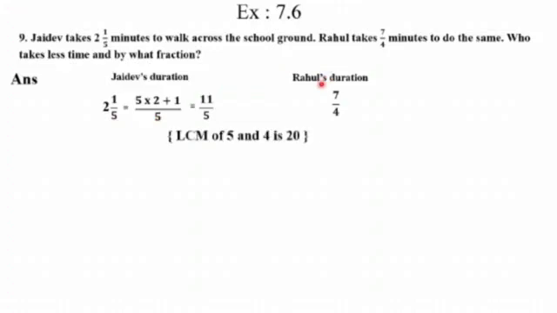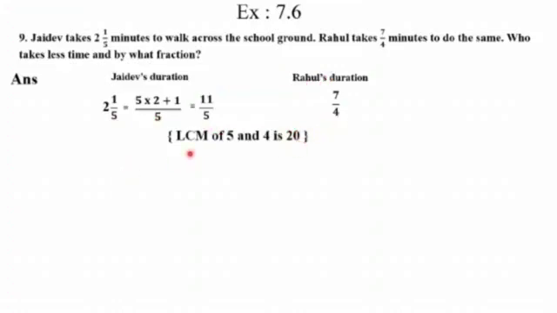So Jaydev's duration is 2 1/5, right? First of all, we have to make this mixed fraction into an improper fraction, that is 5 multiplied by 2 plus 1, and the denominator will be 5. So it will be 11 upon 5. For Rahul, it is 7 upon 4. The LCM of 5 and 4 is 20.